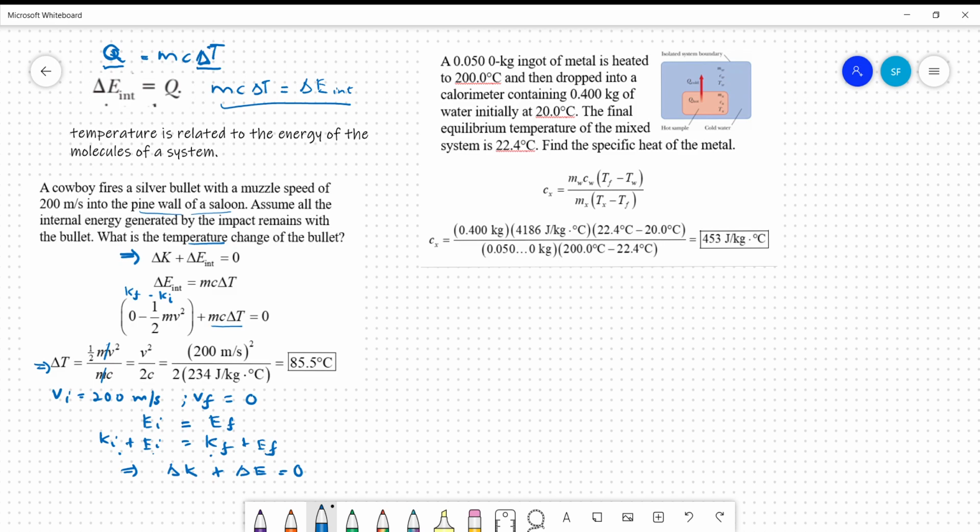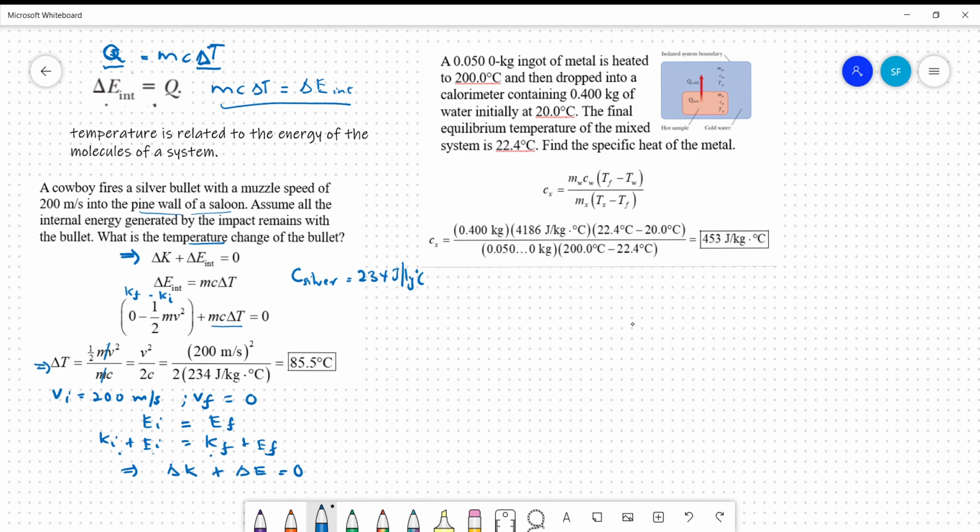Referring to the table of specific heat capacity of materials, C silver equals 234 joule per kilogram per Celsius. So the temperature change ends up being 85.5 degrees Celsius.